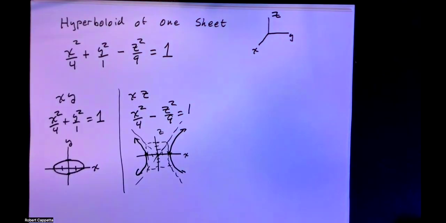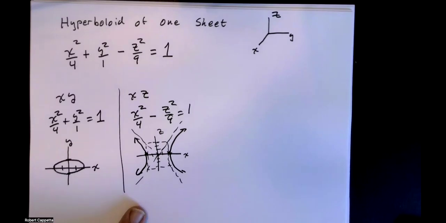So in the xz, we're going to see a hyperbola. So can you visualize that? Visualize the ellipse on the floor, if you will. Looking at it from the left side, we are seeing a hyperbola. Now, so top view is an ellipse. Left view is a hyperbola.